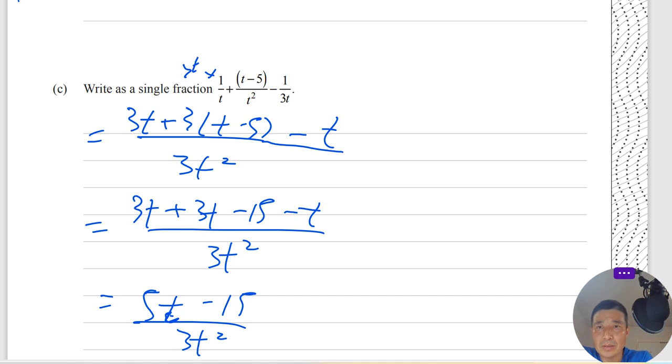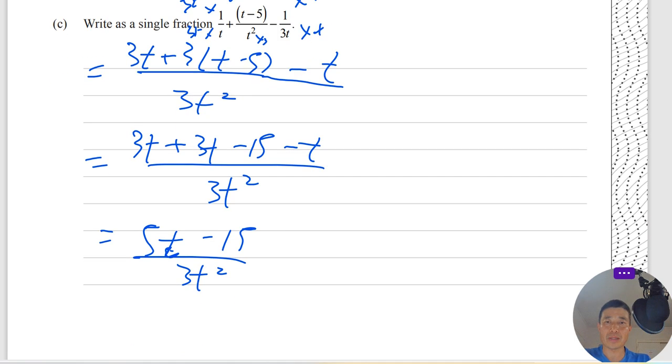And here multiply by t, and you get that, and then you have to expand, so you get 3t plus 3t minus 15 minus t. So you simplify. 6t take away t is 5t, take away 15, over 3t squared should be the answer.